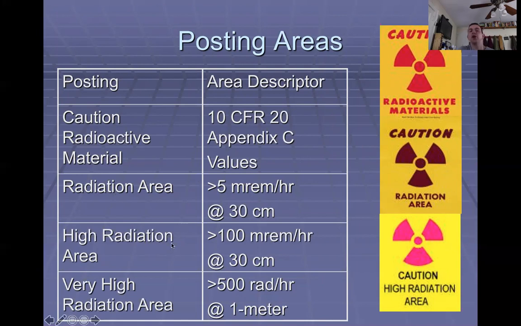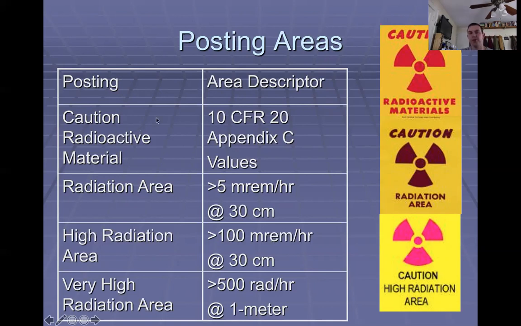I myself very often will describe a high reading as "very high radiation," but I have to correct myself to keep in mind that "very high radiation" has a very concretely defined value. So you shouldn't be using any of these terms unless they actually apply to the situation at hand.